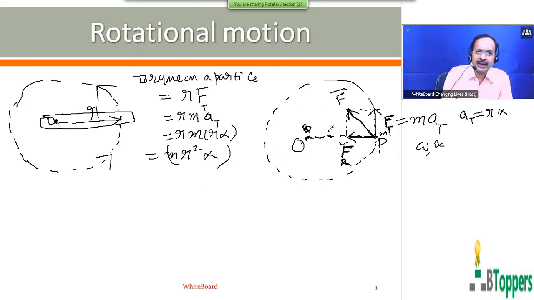So the resultant torque acting on the rigid body, which is performing pure rotational motion about a fixed axis, can be written as the sum of the torques acting on all the particles of the rigid body.